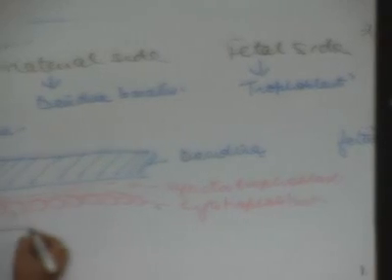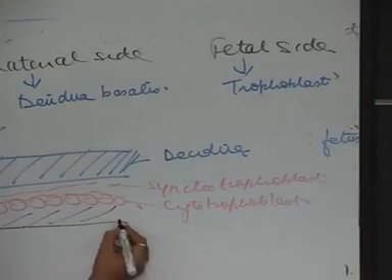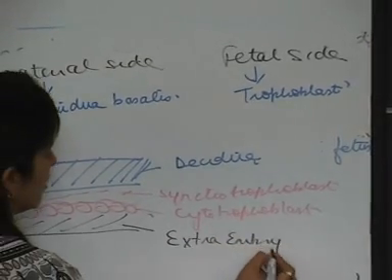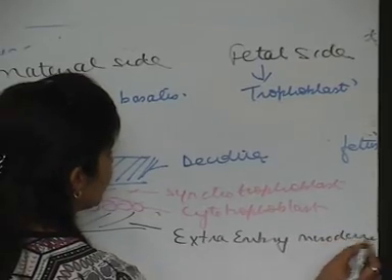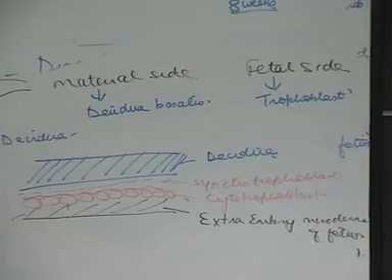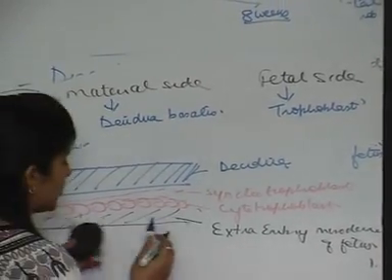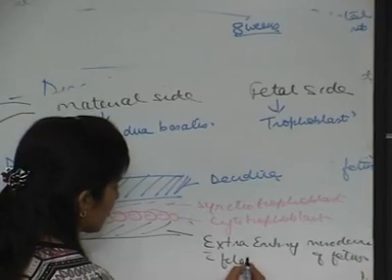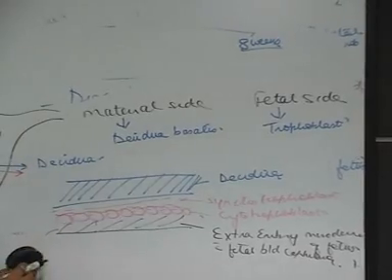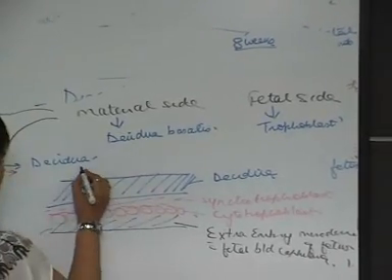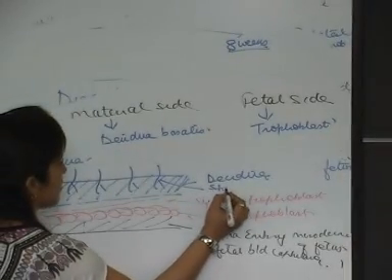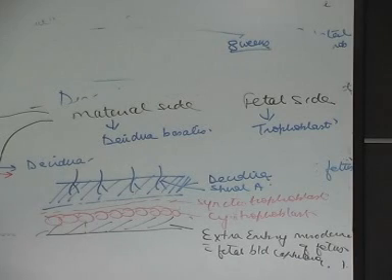And just below it will be fetal mesoderm, extra embryonic mesoderm of the fetus. In the extra embryonic mesoderm of the fetus, there will be fetal blood capillaries. And in the decidua, there will be spiral arteries. These spiral arteries have got maternal blood.